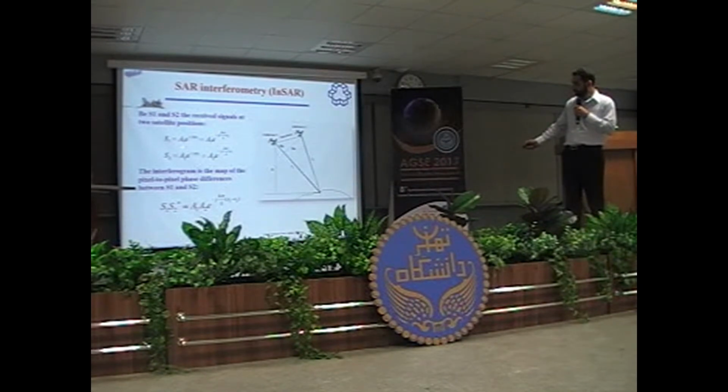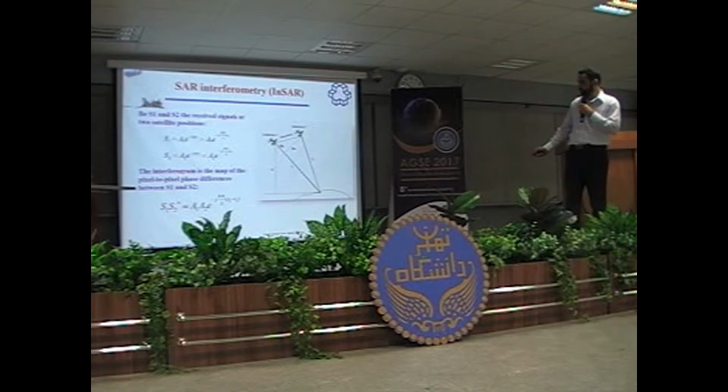Image number 1, S1 equals A1 exponential minus j phi1. This is phase, this is amplitude for the first one, and this is the phase and amplitude for the second image, right? And if I write this phi1 converted in distance, it would be 4 pi over lambda r1, and 4 pi over lambda r2. And we have a term called interferogram.